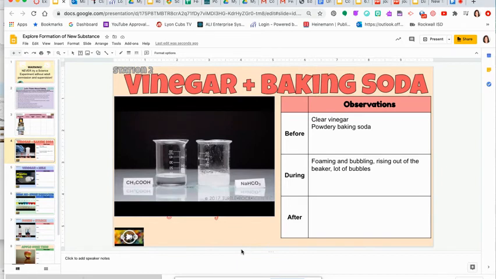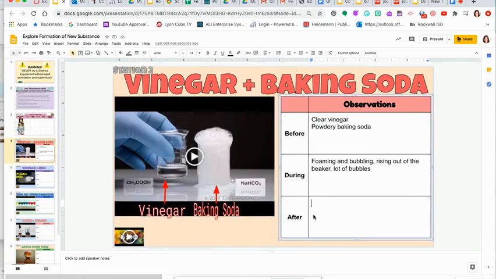And now I can see that I have a cloudy liquid substance left after the vinegar and baking soda are combined.